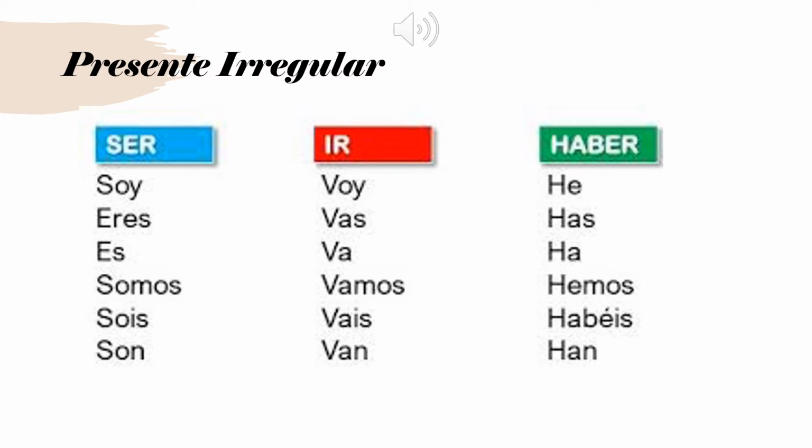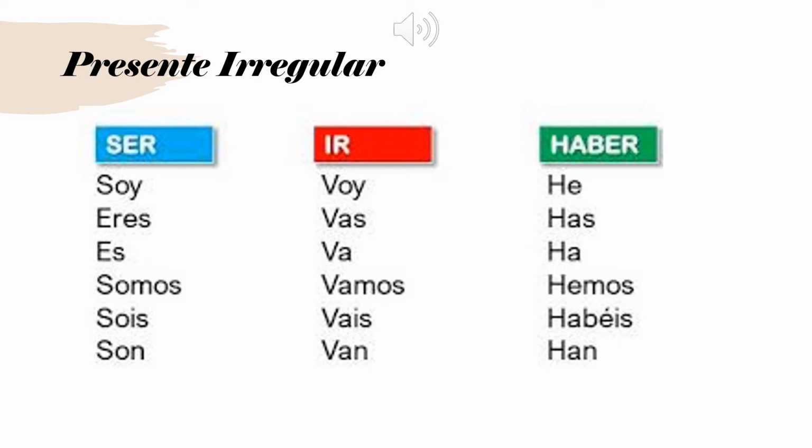So most of the irregular present tense verbs that you will be using at this stage of Spanish will be like ser, estar, tener, ir, haber. So ser is to be, and I'm going to be talking more about ser, estar, tener, hacer, and ir in my next slide. But the endings of ser are soy, eres, es, somos, sois, son.